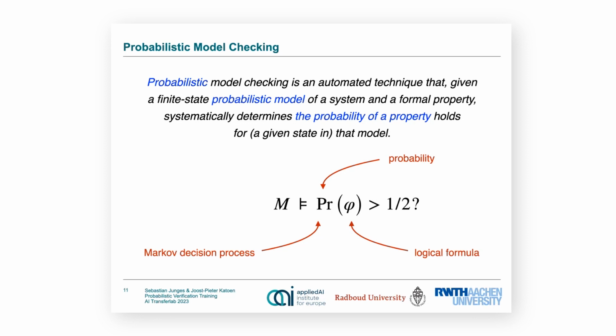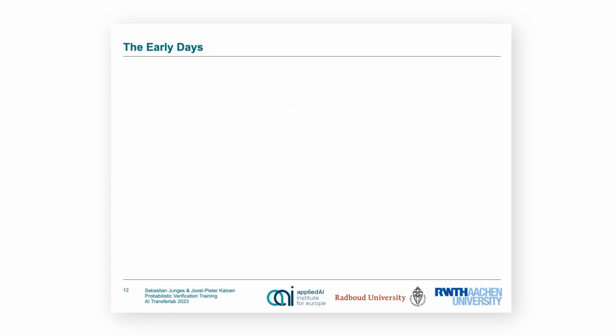Then you have a logical formula, something like the formula we just have seen in the example. And then we ask ourselves, is the probability that this formula holds in the model larger than a half, or equal to 1, or strictly positive? These are the kinds of questions you can address with probabilistic model checking.